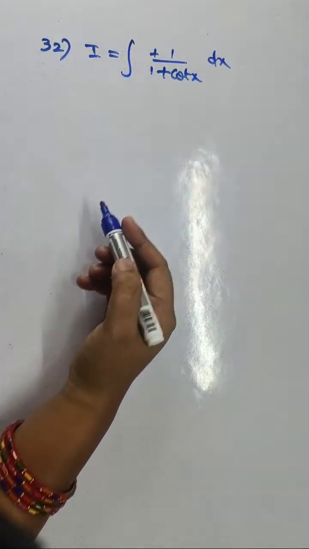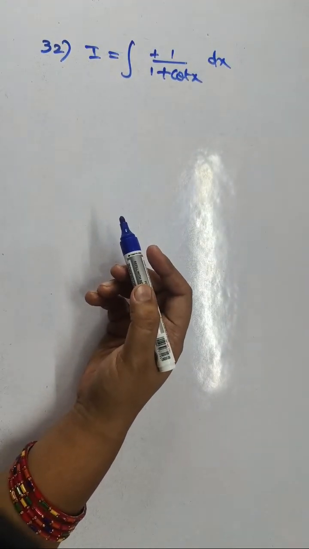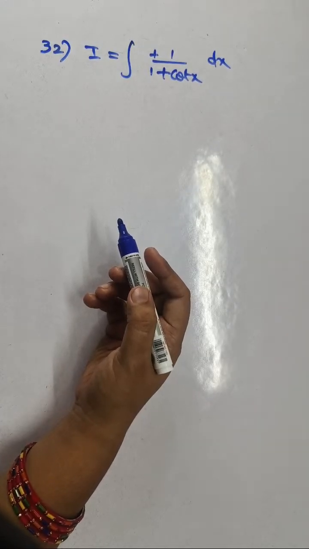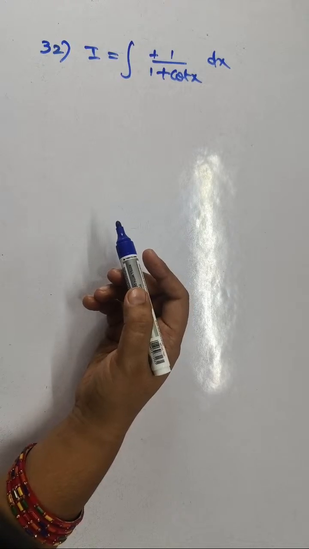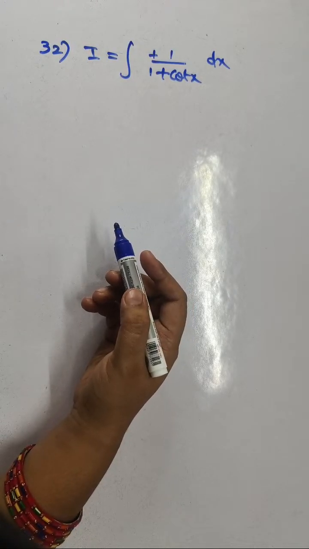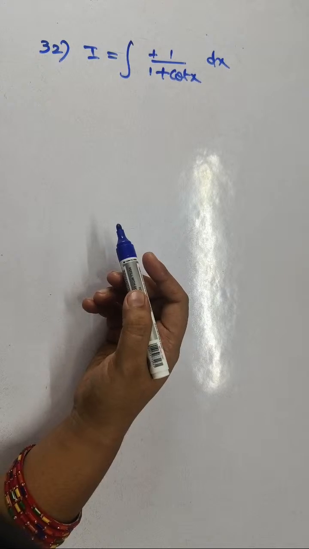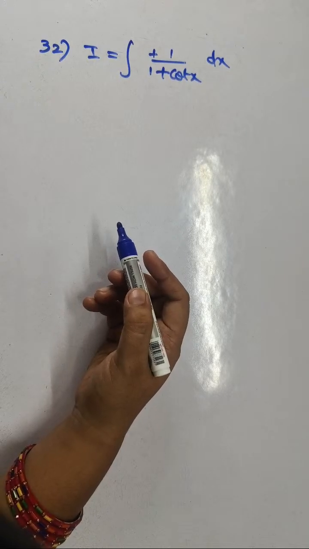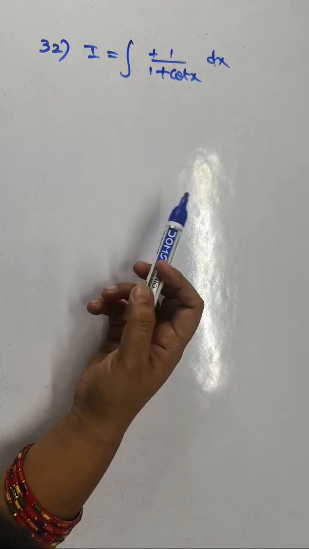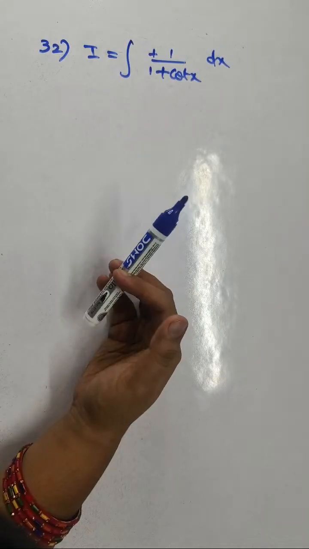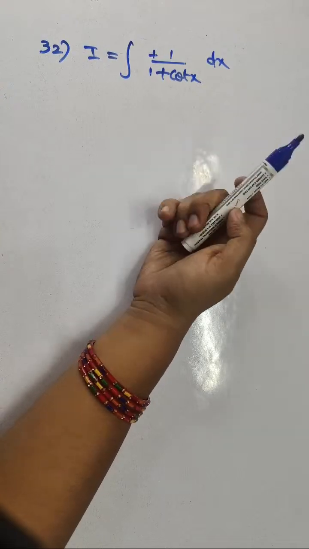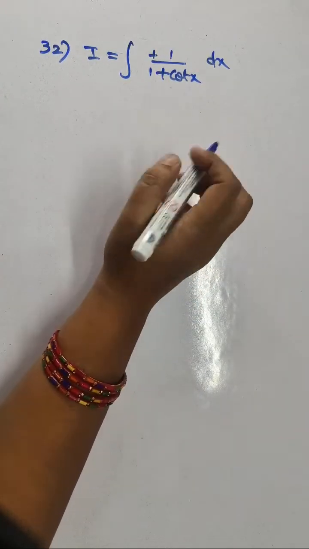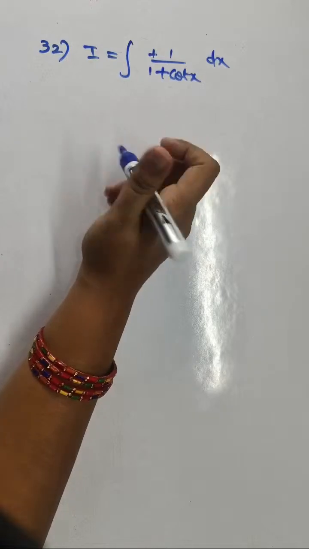Here, if you straight away take 1 plus cot x as t, differentiation of cot x is cosecant x cot x, isn't it? No, minus cosecant square x. Very good. But it is difficult for us to substitute, because in the numerator it is only 1. So it is very difficult for us to substitute after the differentiation part.